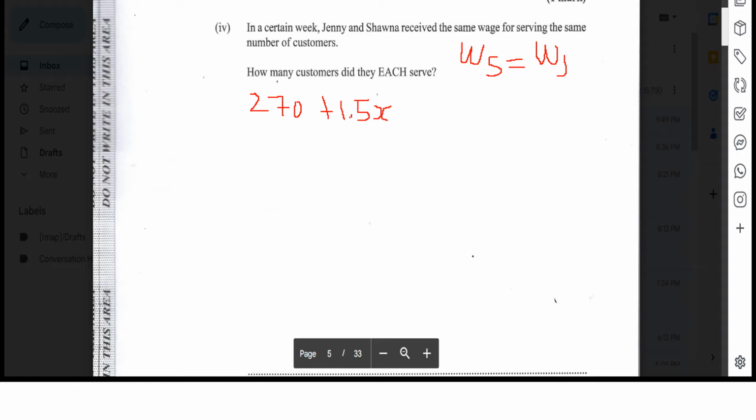So instead of putting M, we'll put X, and we will equate it to WJ's wage of 600 plus 0.9x.